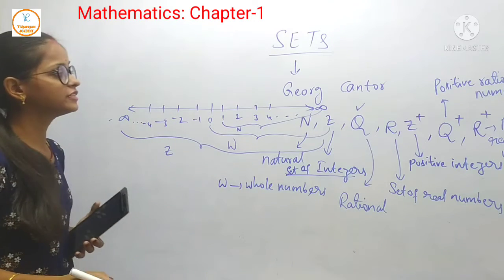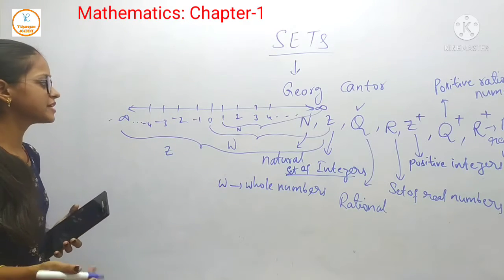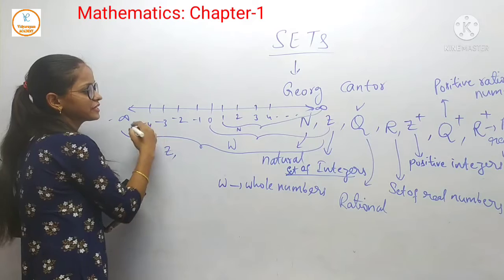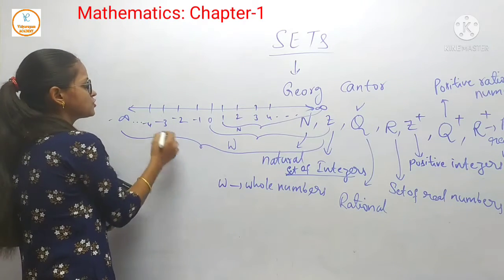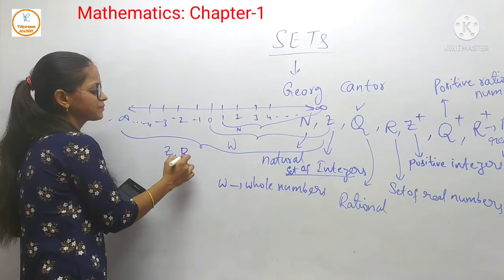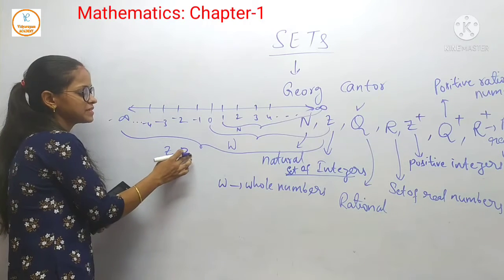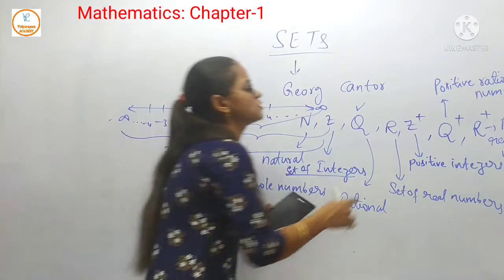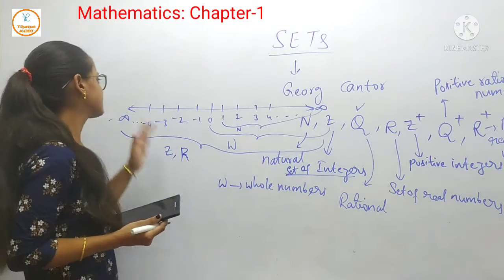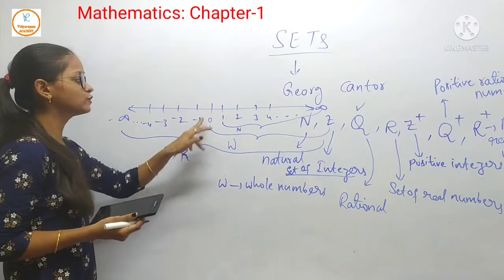Next one is the set of real numbers. Real numbers means plus infinity to minus infinity. What are integers? Integers means from minus infinity to infinity including 0.